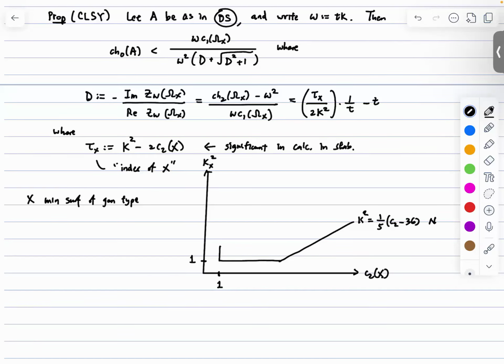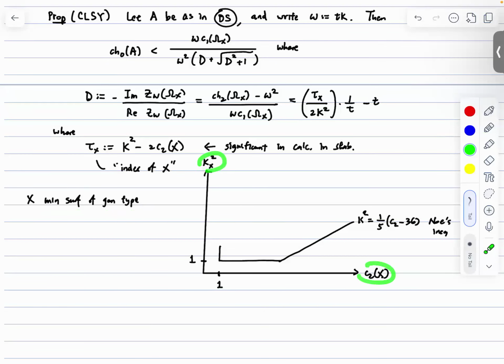So this comes from Noether's inequality. The inequality is K squared is bigger than or equal to this, but here I'm just drawing the boundary line. And then there's also another constraint on the C2 and the K squared of a minimal surface of general type.